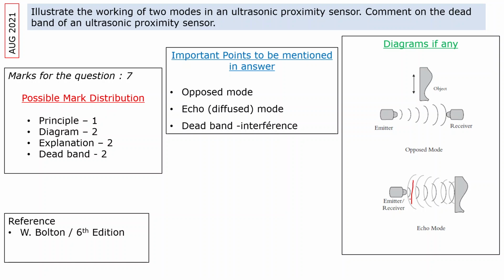So that is called dead band. And if you are buying an ultrasonic proximity sensor, you can understand that on the product it will be mentioned the dead band will be of 1 centimeter, 2 centimeter, etc. So that is the dead band of an ultrasonic proximity sensor.